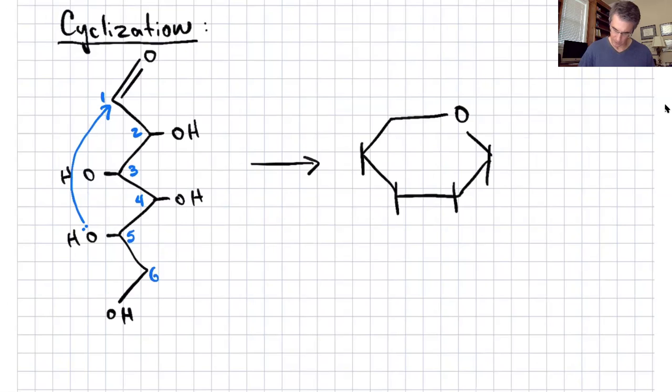Here we have CH2OH, that's carbon 6, hanging off right here. There's 6, 5, 4, 3, 2, 1, and then their associated alcohol groups.